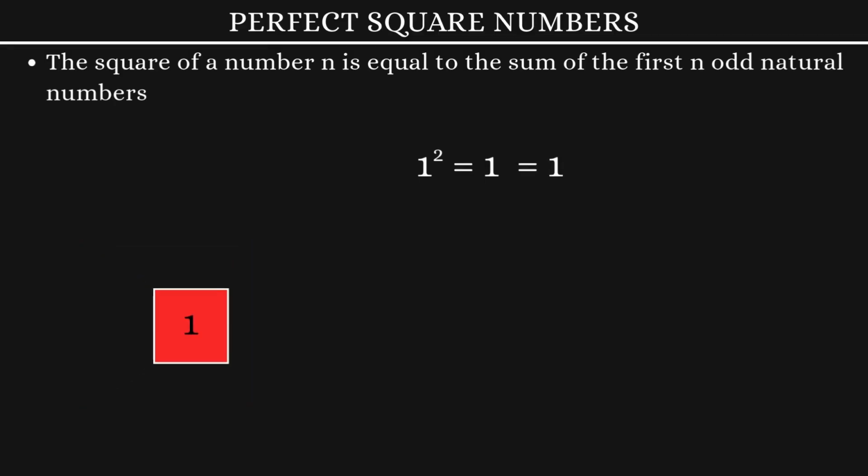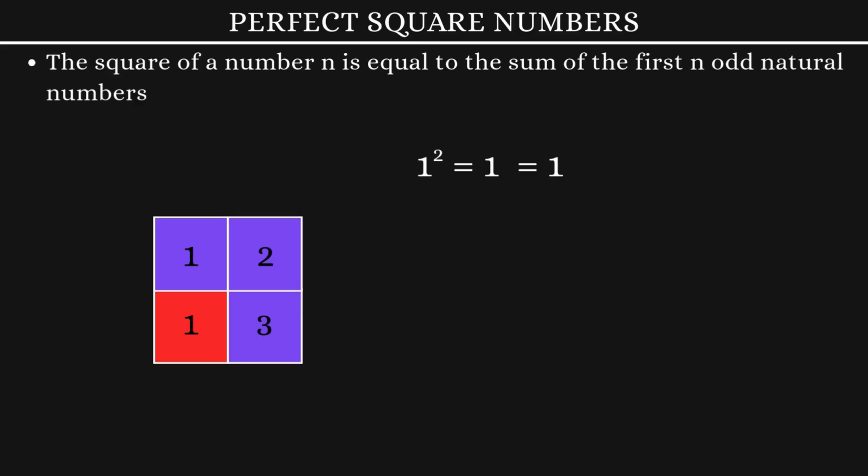The next odd number is 3. So when you add 3 small squares to this 1 square, you get a total of 4 small squares, which is 2 squared. 2 squared is the sum of the first two odd numbers, 1 and 3.